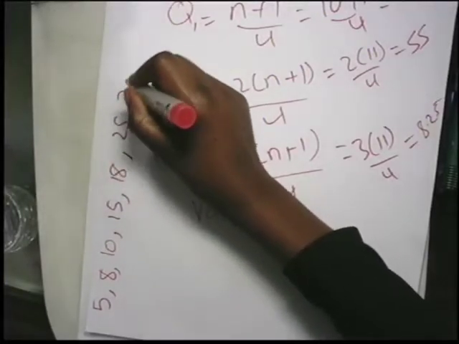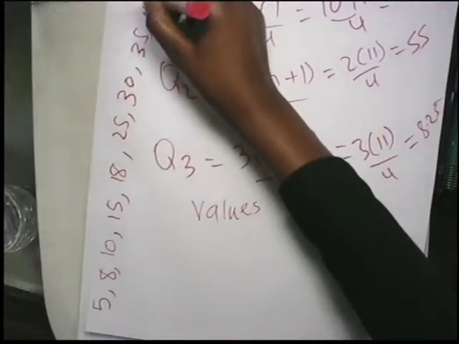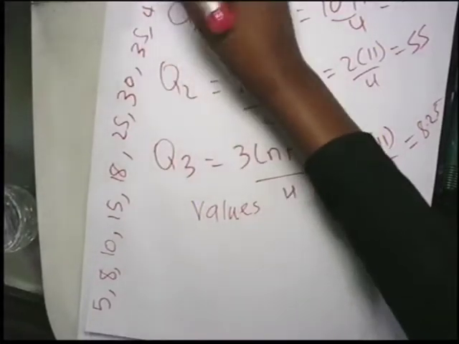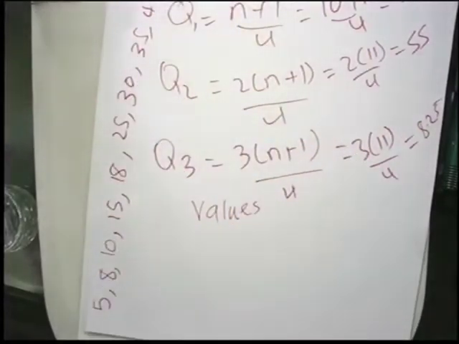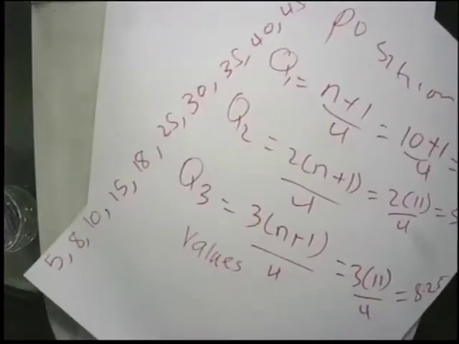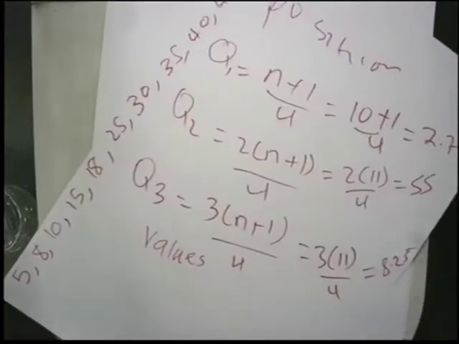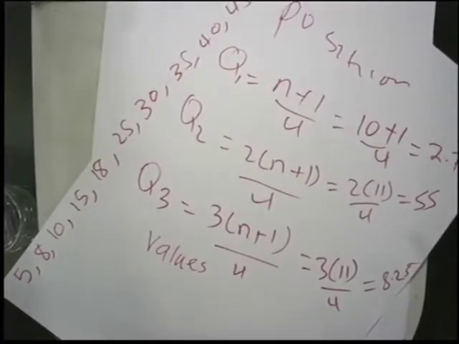After 25 is 30. After 30 is 35. After 35 is 40. And then 45. 1, 2, 3, 4, 5, 6, 7, 8, 9, 10. Okay, I hope I have arranged it correctly. Let me put it like this so that we can see. Okay, the 45 there at the end.